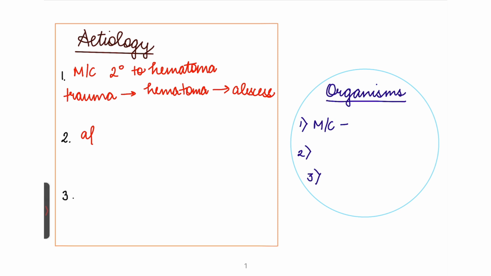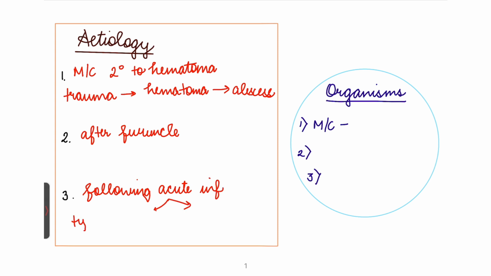It can occur after furuncle of nose or upper lip. It can occur following acute infections such as typhoid and measles.